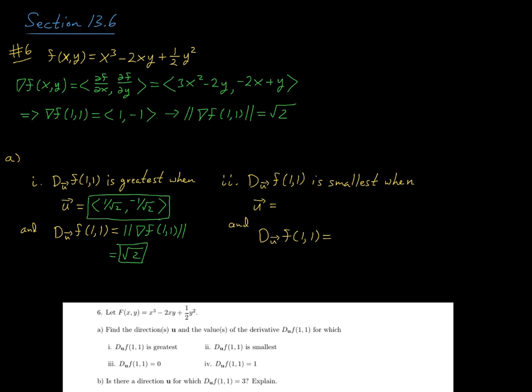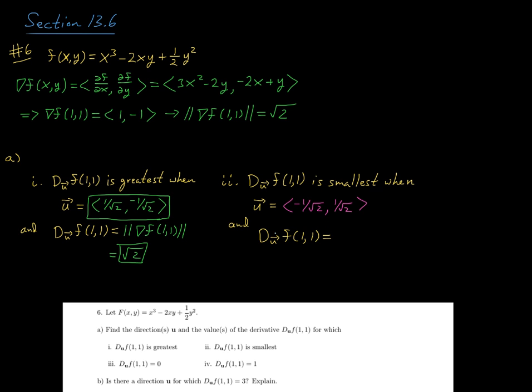And then for the second part, when is the directional derivative smallest? Well, in question 5, we argued that we should just move in the direction opposite the gradient. So here we're just going to do the opposite of this vector. That'd be (minus 1 over root 2, 1 over root 2).